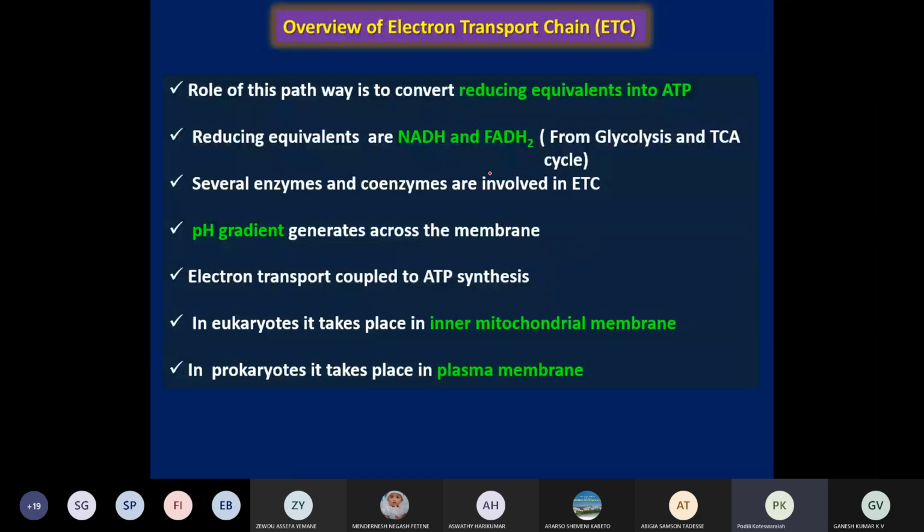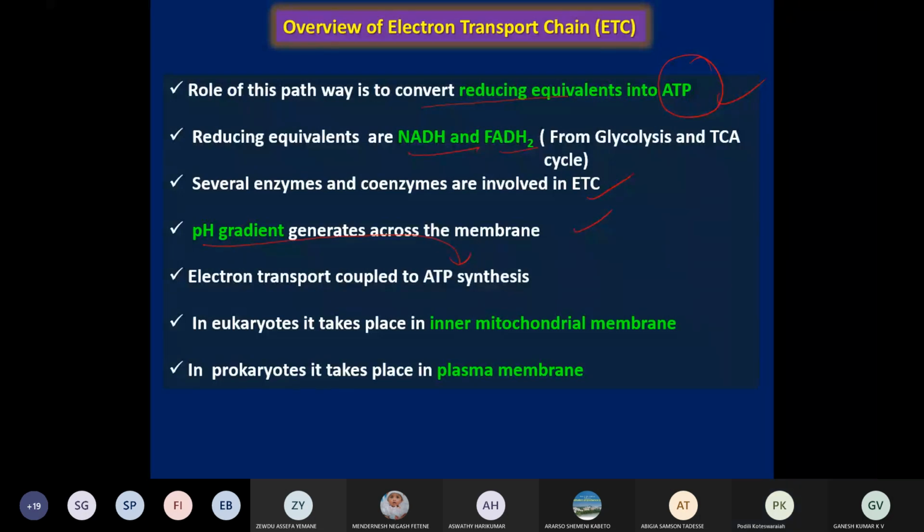We know that the goal of the electron transport chain is to convert reducing equivalents like NADH and FADH2 to the high energy molecule ATP. These NADH and FADH2 are produced in glycolysis and the TCA cycle when glucose is oxidized, and many enzymes are involved in the ETC. During the electron transport, a proton gradient is developed, and this gradient is utilized for ATP synthesis.